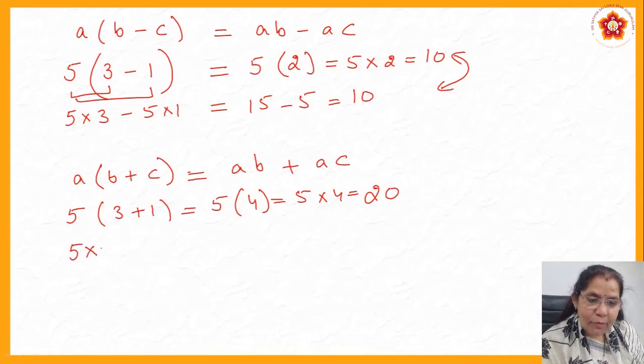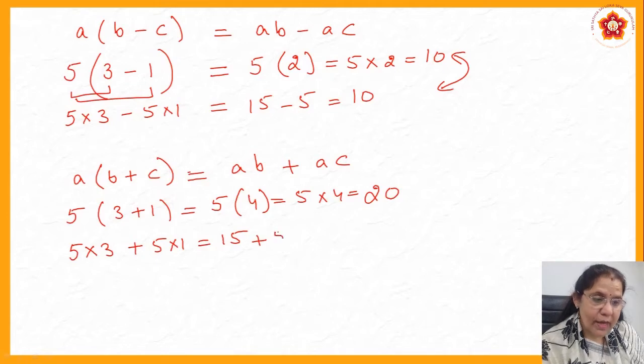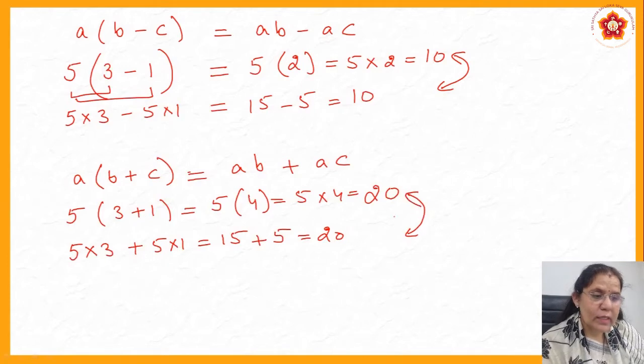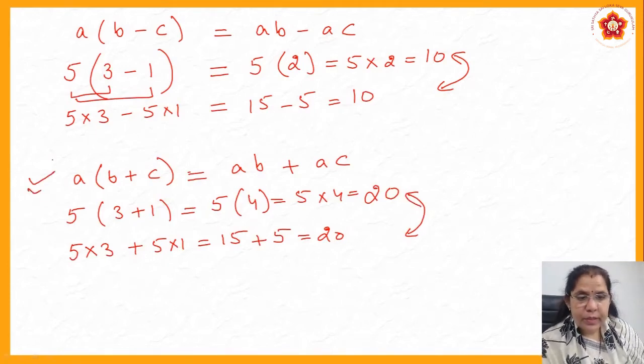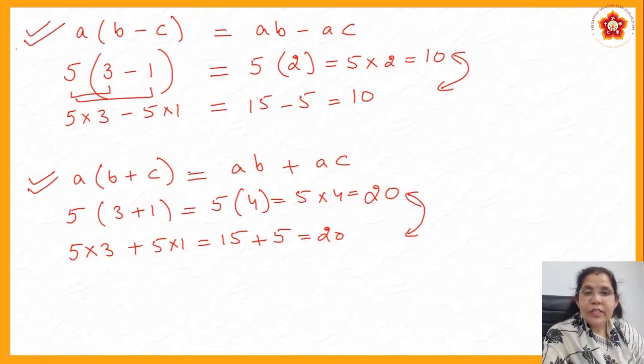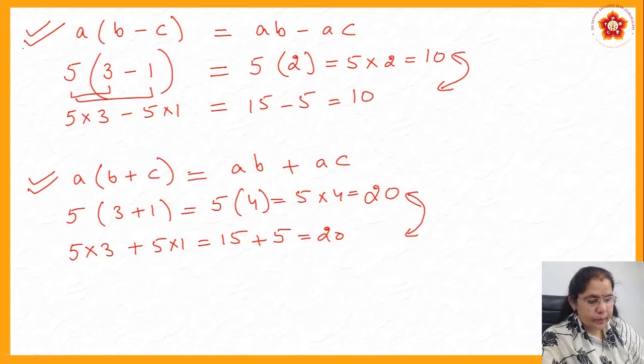If we do it 5 multiplied by 3 plus 5 multiplied by 1, what do we get? 5 3s are 15. 15 plus 5 1s are 5. Answer is 20. So in both the cases we have got the same answer. Hence this property holds good. This is called distributive property.